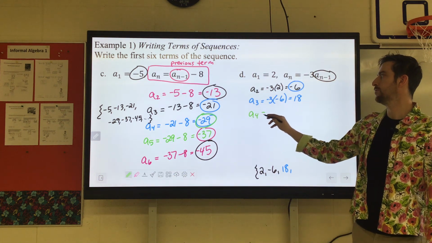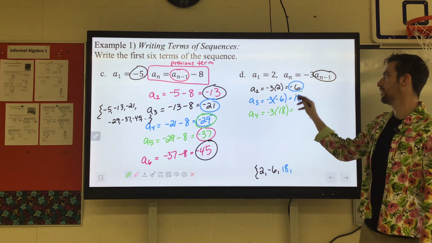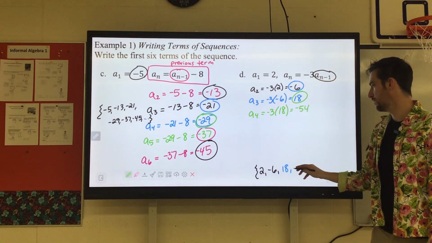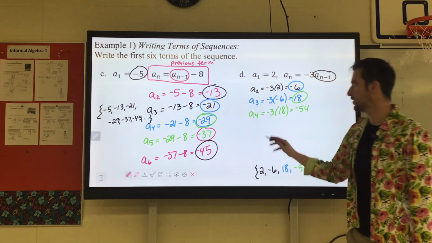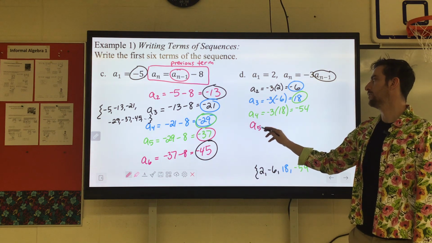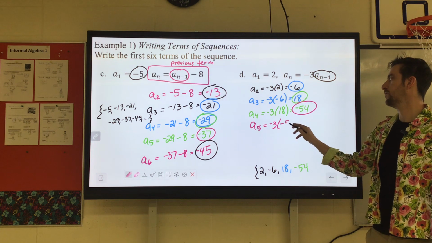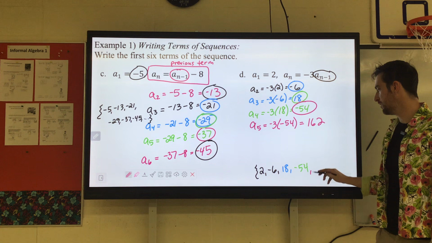Fourth term, we're doing -3 times the previous term, 18. And -3 times 18 is -54. Look at that, 4 terms in already. Let's get that fifth term. It's -3 times the previous term, -54. That would be 162. Fun!